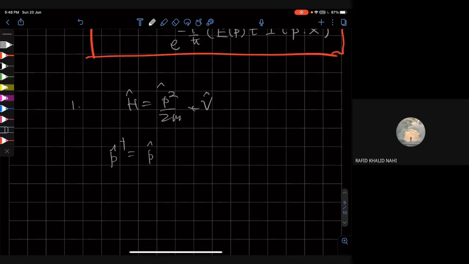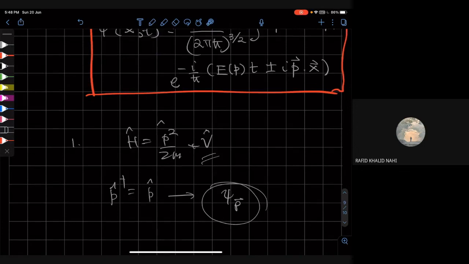So I find its eigenfunctions, say psi of P. In solving this equation, finding psi of P, it doesn't matter what the V's are, right? And we saw that those psi of P are given by this plane wave solution, right?